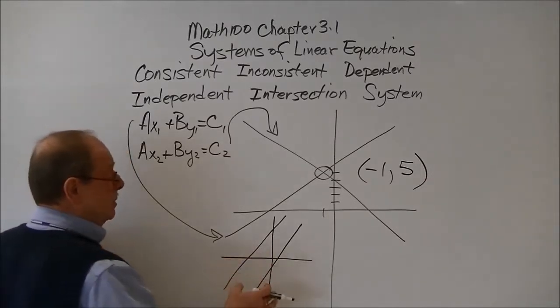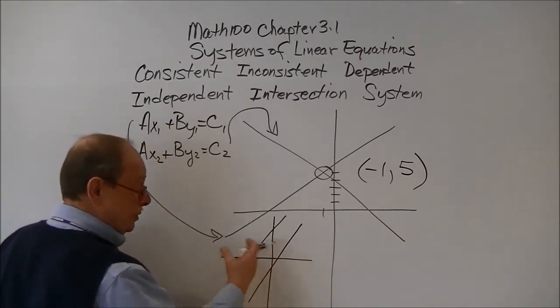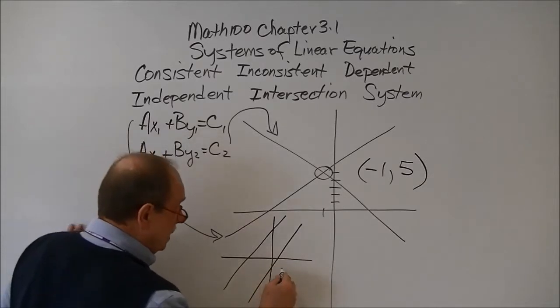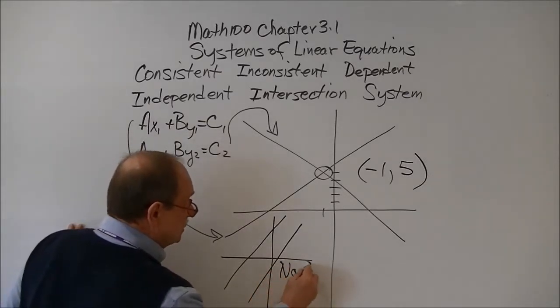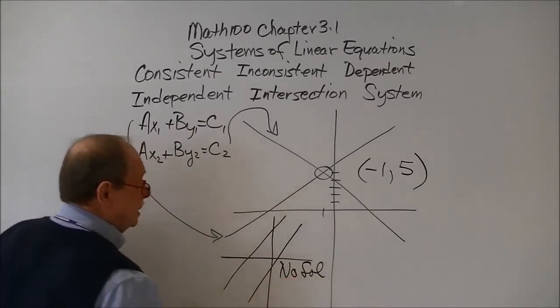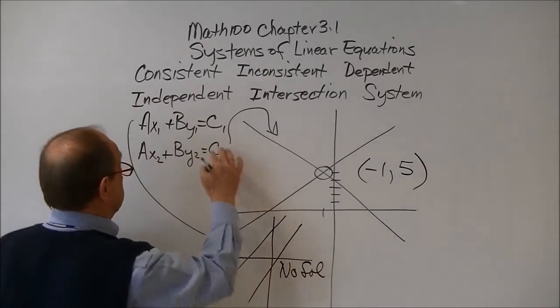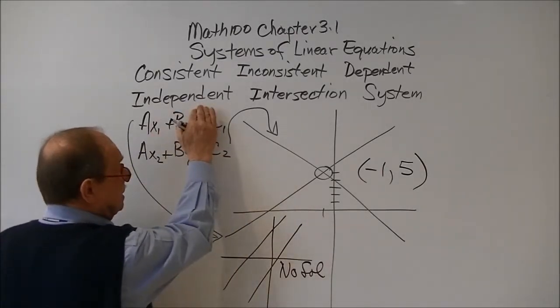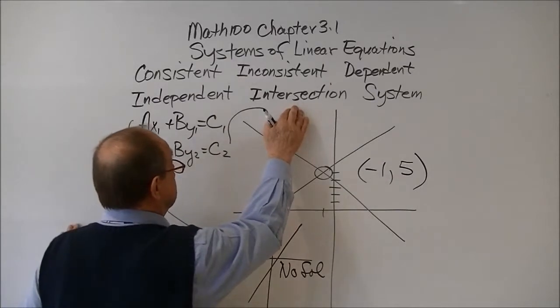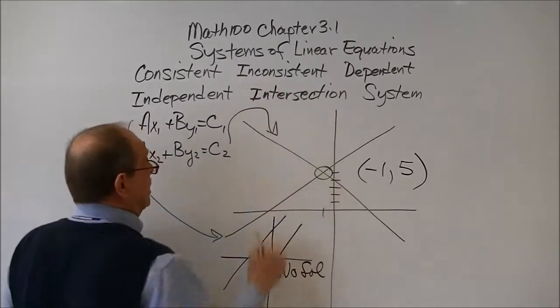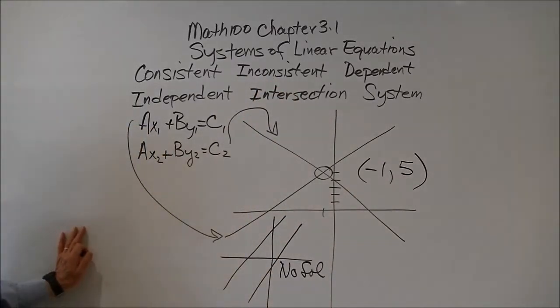And the answer is no. So if you're doing a graph and there are no points of intersection, we say there is no solution. So these graphs are independent, there's no intersection, and we say they are inconsistent.